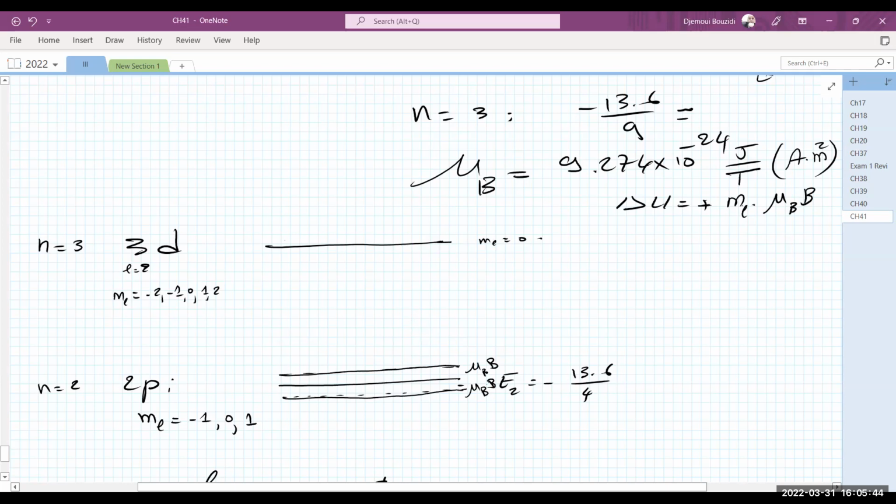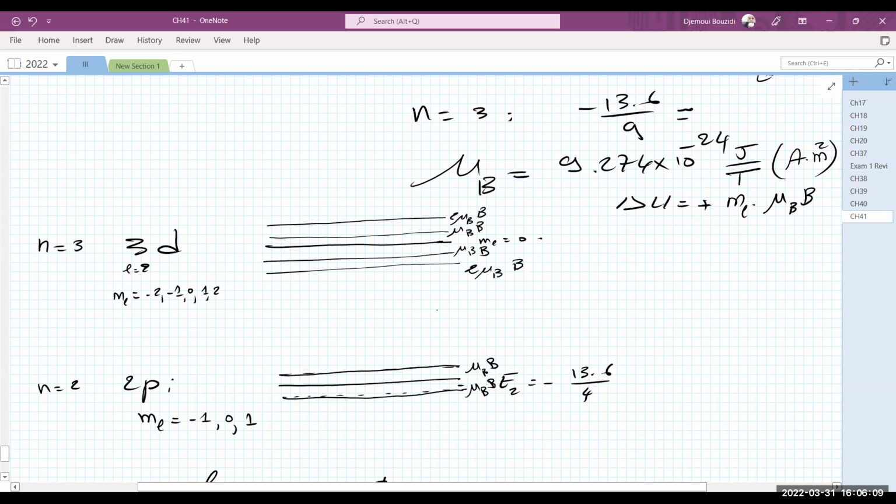But for the first one, I either add 1 or subtract 1. So I'll have 1 shifted up and 1 shifted down by mu B B. And then I have 2 mu B B and -2 mu B B. So this energy level is shifted by these quantities.